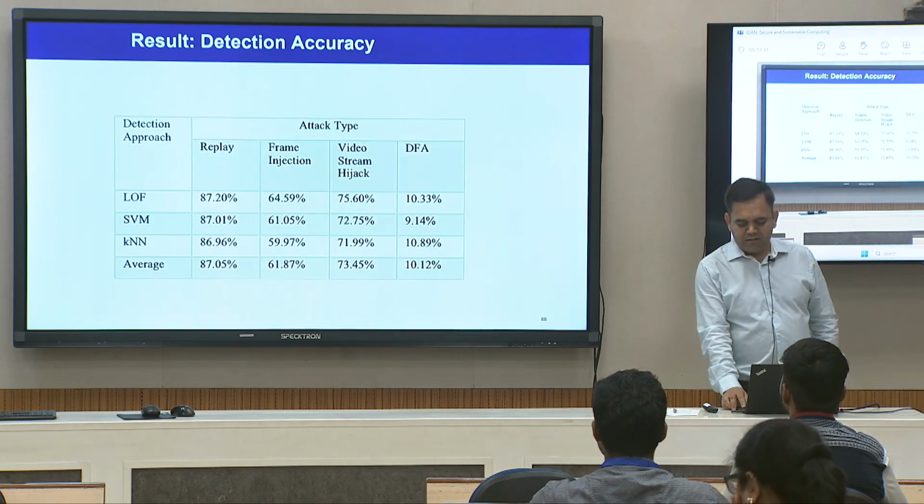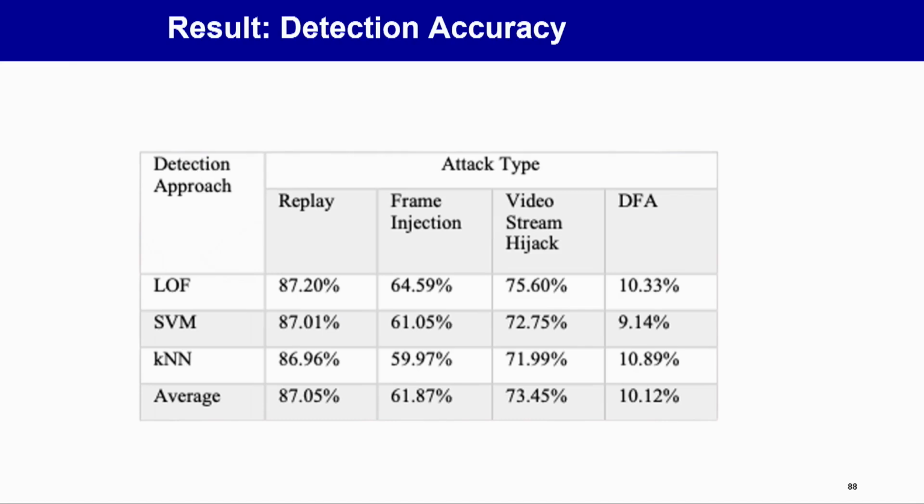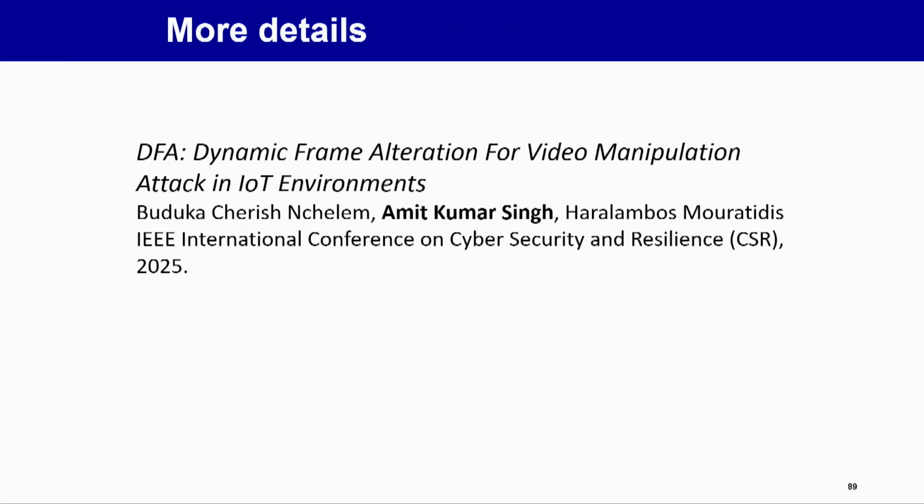This one is again the same result in table format. I think we don't need to look again, that was plotted previously. If you want more details, they are in this paper. Again this one and the previous one, continuous authentication, were published somewhere else.